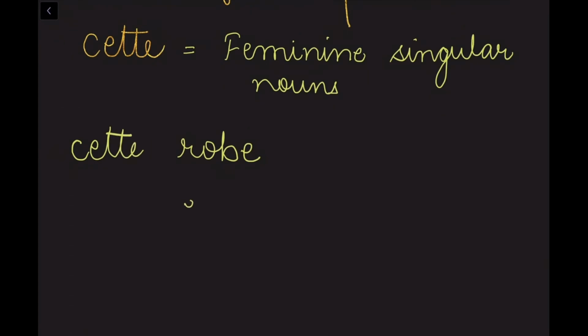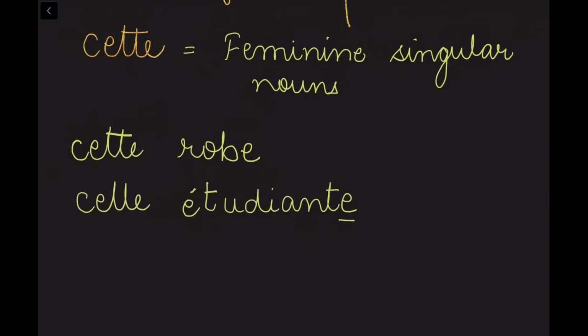Okay, and I give you more examples. Étudiante. Étudiante means a student, and this is a female student, so we use cette. Okay, here I want to clarify one thing that is important.